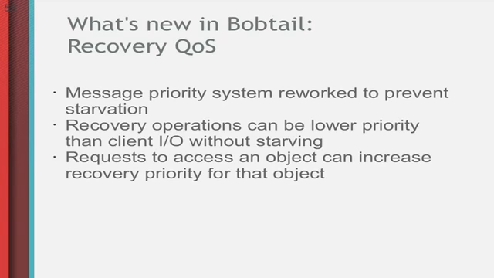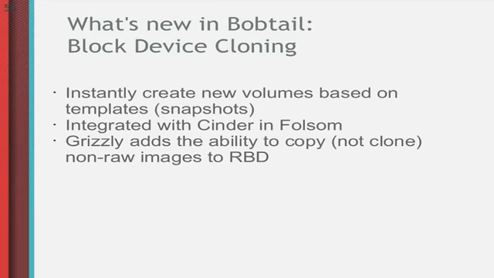And also, because it's now weight-based, it can be changed dynamically. So if you have a certain subset of objects that you want to recover more quickly, for example, now if you try to access a certain object that hasn't been recovered yet, it'll be queued for recovery next. So the block device cloning that I was talking about is also a new feature in Bobtail.